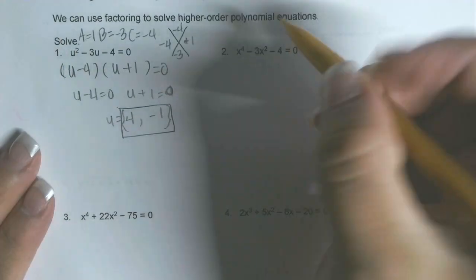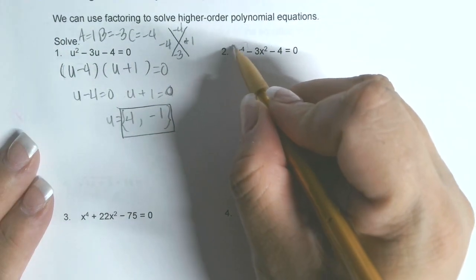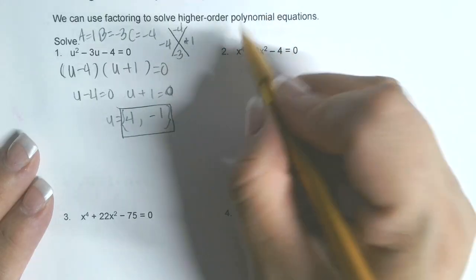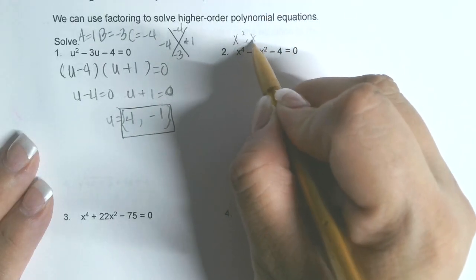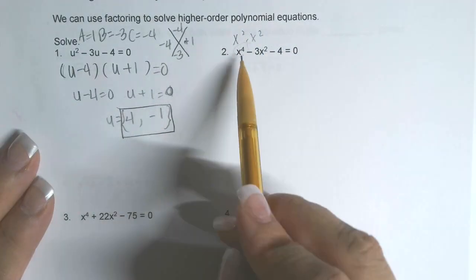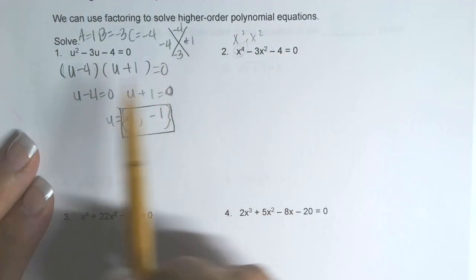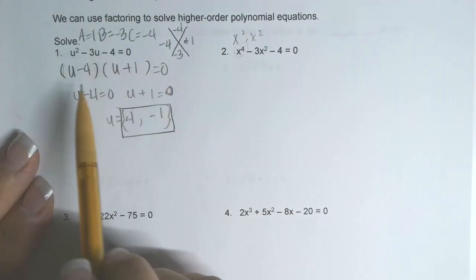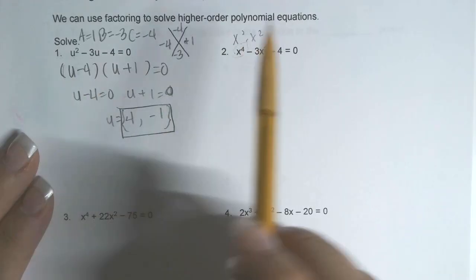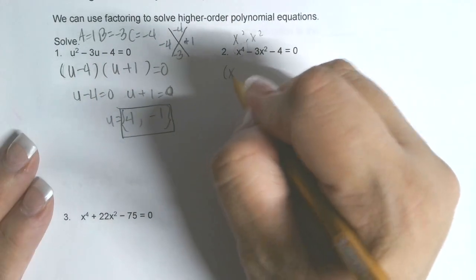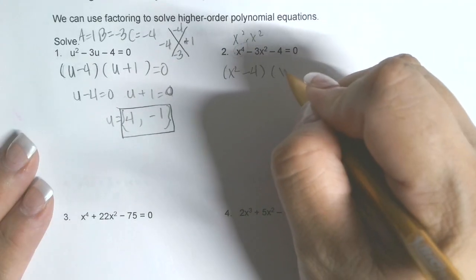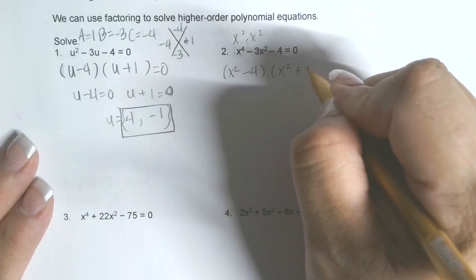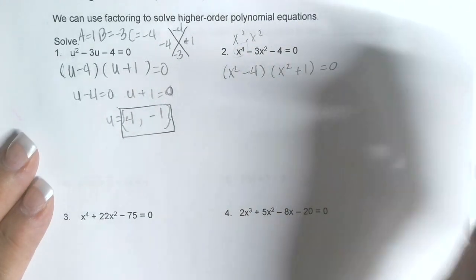So you have to think about, if I were to take the square root of that, I would just get x squared times x squared. If you notice, our a, b, and c are the same. So instead of saying u, you're going to use x squared. So it's going to be x squared minus 4, and then x squared plus 1 equals 0.